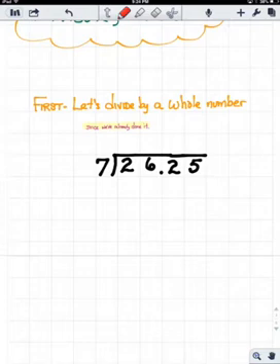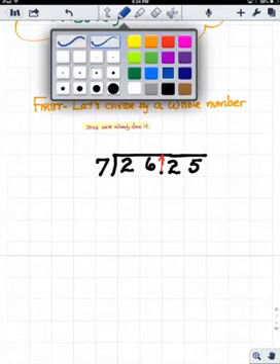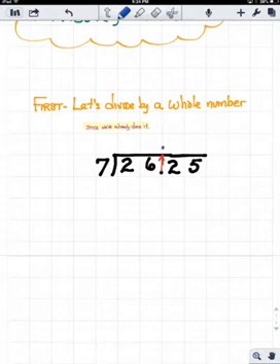And just like before, you bring your decimal point straight up to the quotient line, and once that decimal point is in place, right here on the quotient line, we're all set to divide. Alright, so now we have 26.25 divided by 7.